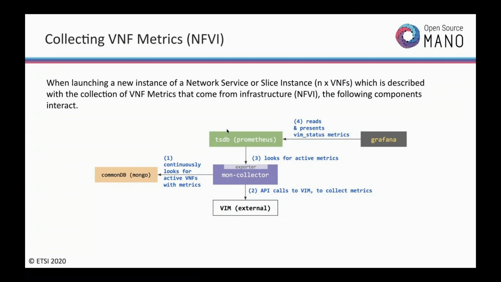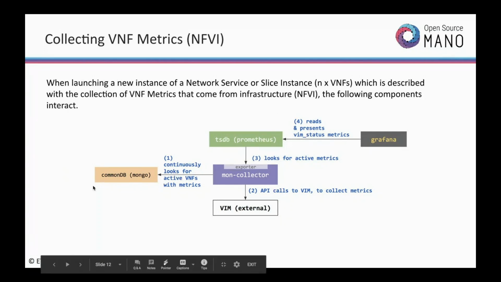That's the way Prometheus stores them, and this is also a database, so it stores all the metrics in a cumulative way. And then Grafana can read and present these metrics accordingly.